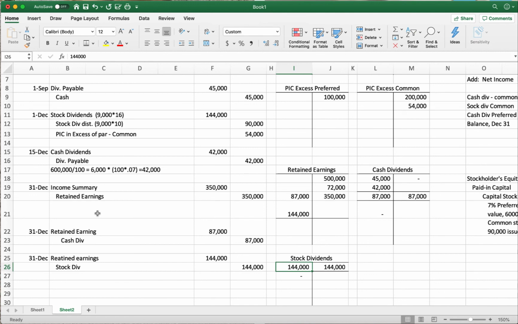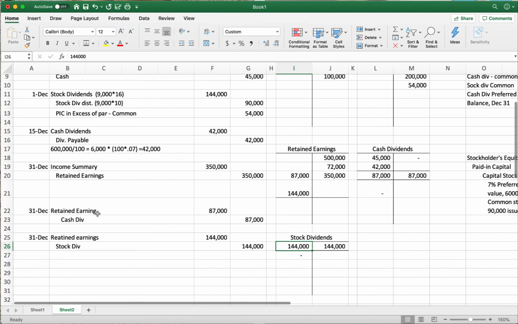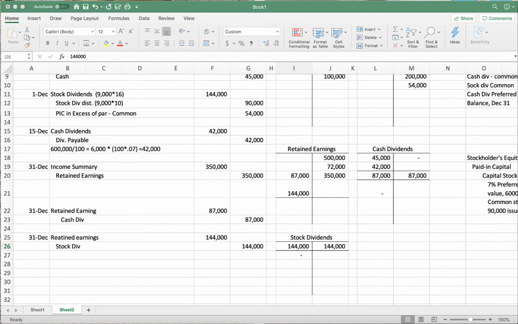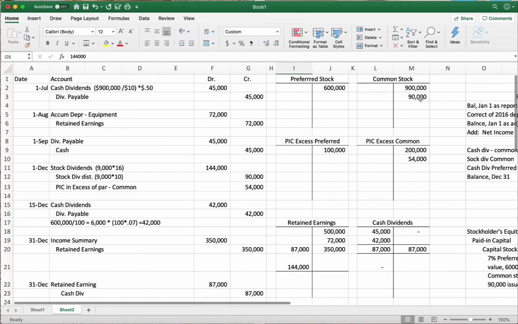We already paid those, right? Wait, did we? Bear with me here, I'm sorry. No, we did not pay them out. It just says that we declared them. We didn't pay out that stock dividend. So what we need to do then, instead of posting it to our common stock, we should have actually had another account.